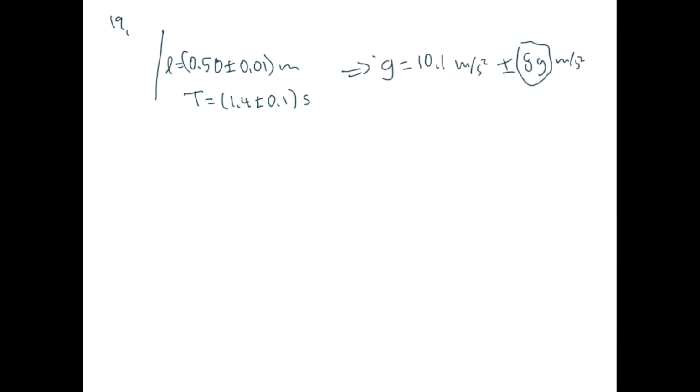First of all, to review the period of a pendulum, this is the formula for it. T squared equals 4 pi squared L over g, which means the formula the student should have used to get g is 4 pi squared L over T squared.